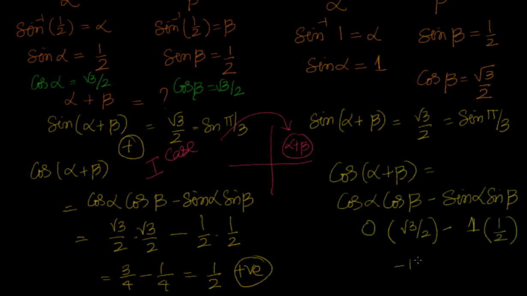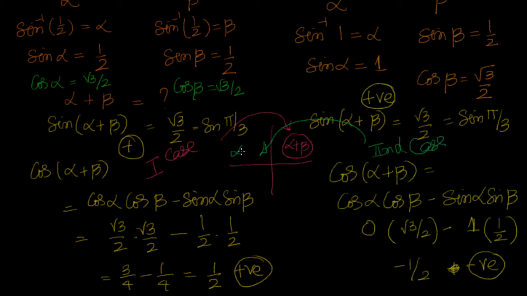So you can see the value is negative here. So cos alpha plus beta is negative, but sine alpha plus beta is positive. Sine is positive and cos is negative. We are in the second quadrant. So in the second case, alpha plus beta is there in the second quadrant.